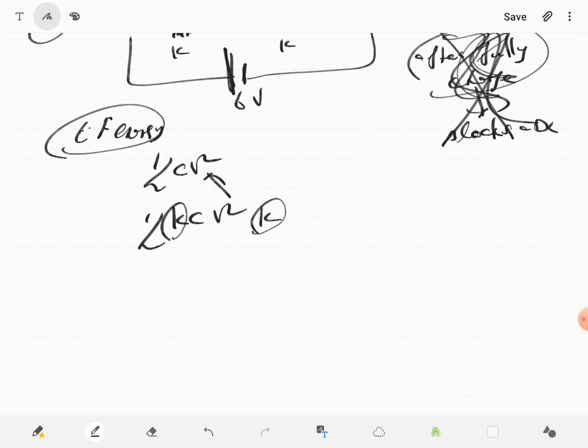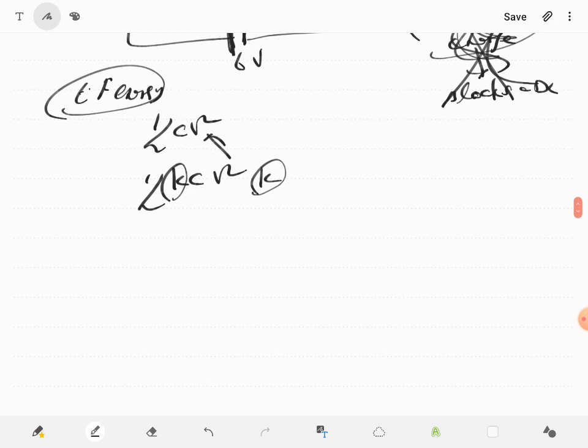So let's go to the next question. Next question is, there is a circuit. One second, I'll just draw the circuit for you. So that's sum number 18. Let me read the question.